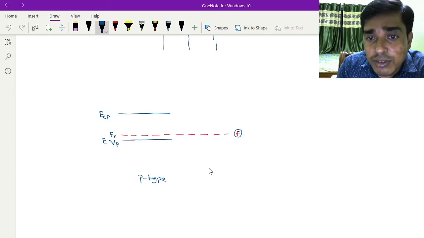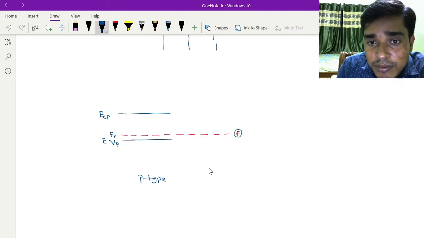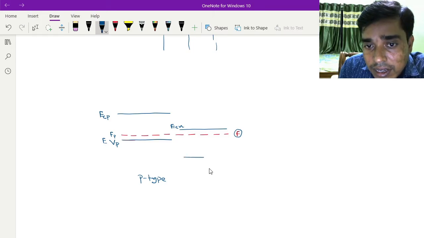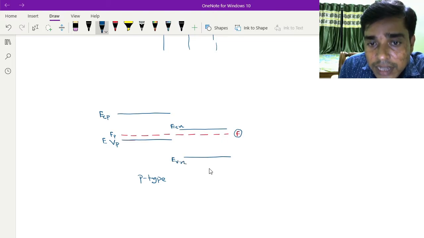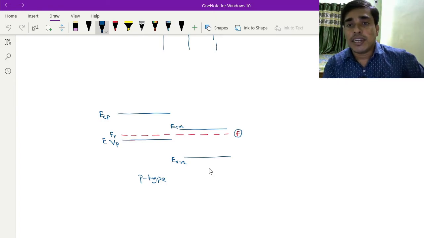For an n-type semiconductor, the Fermi energy lies near the conduction band, and this is the valence band of the n-type semiconductor.